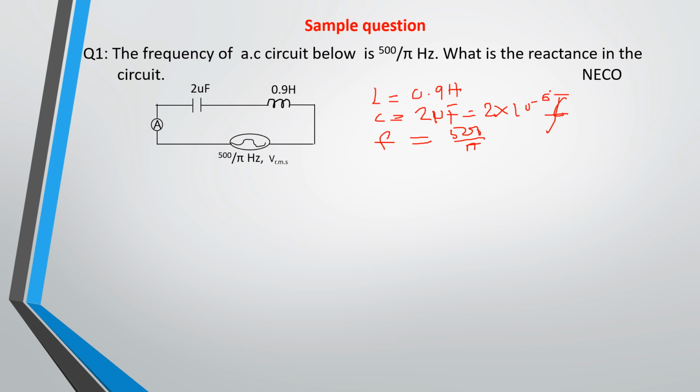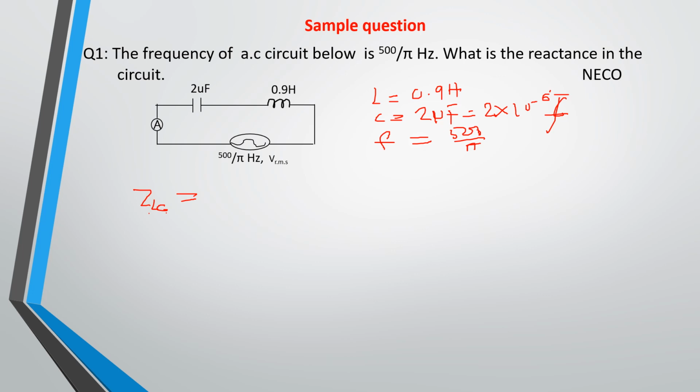The reactance of this circuit, which is the impedance, is ZLC. This is ZL, this is ZR, this is Z. Let me write it with proper labels so that you will not get confused. Okay, this is ZLC, inductor and capacitor.